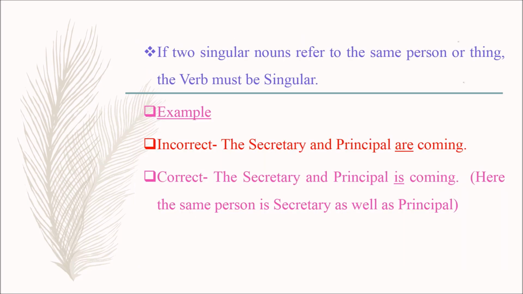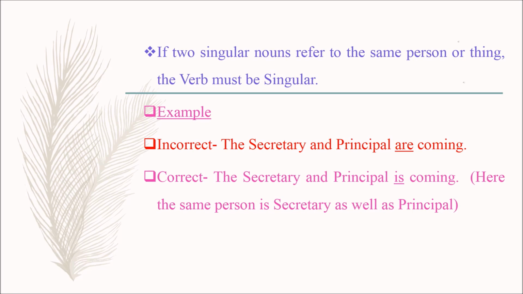Let's see next rule. If two singular nouns refer to the same person or thing, the verb must be singular. Let me read it again. If two singular nouns refer to the same person or thing, the verb must be singular. First, look at the sentence. The secretary and principal are coming. Is that correct sentence?